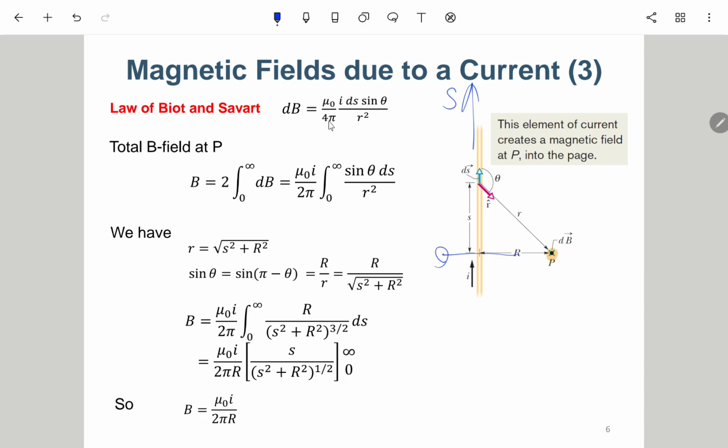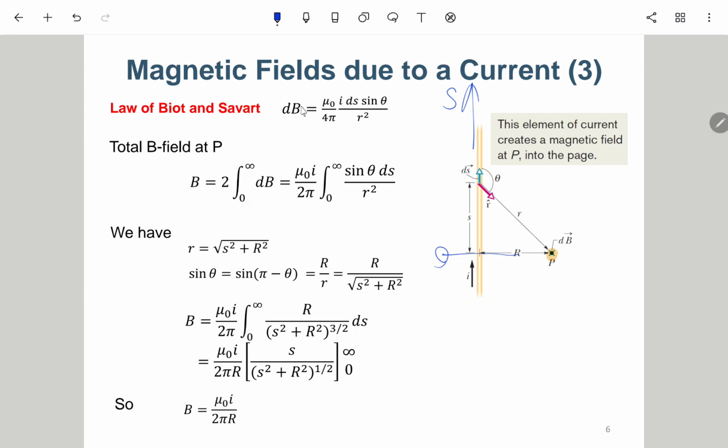Using the Biot-Savart law, dB equals mu naught over 4 pi, I ds sine of theta over r squared. This is the scalar form of the Biot-Savart law. The total B field at point P should originally be integrating dB from negative infinity to infinity, but we simplify it by calculating half of it and multiplying by 2, so we only integrate dB from 0 to infinity.